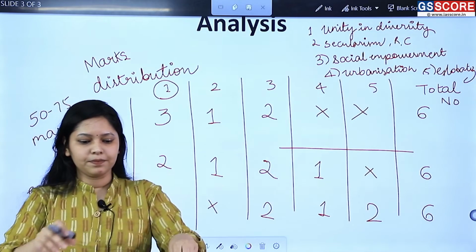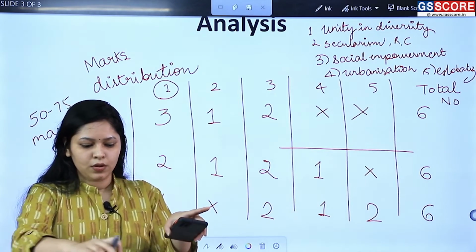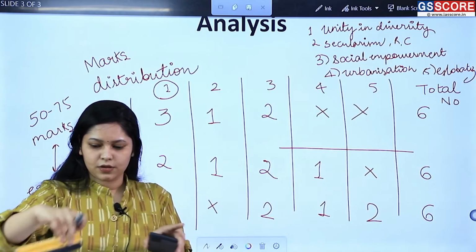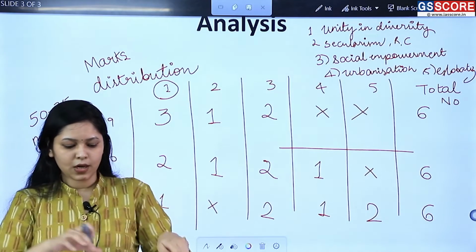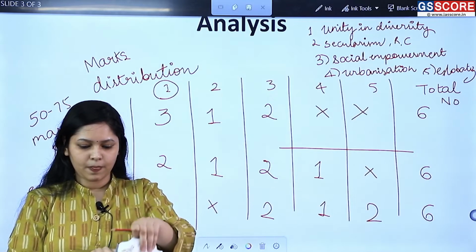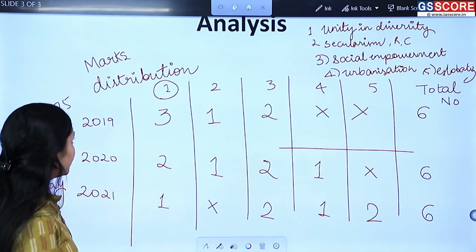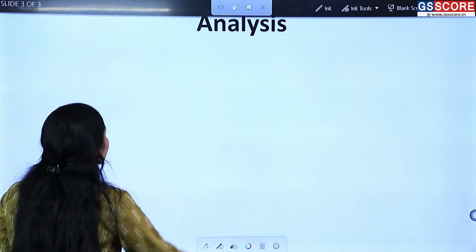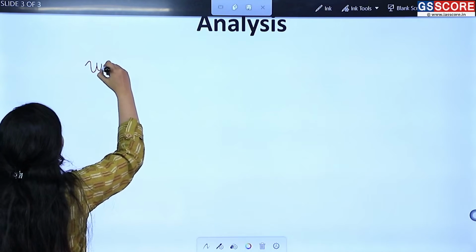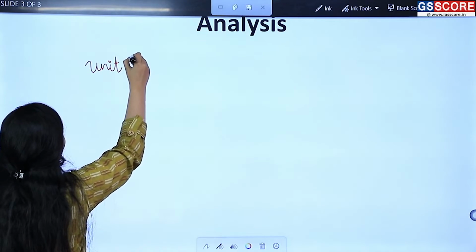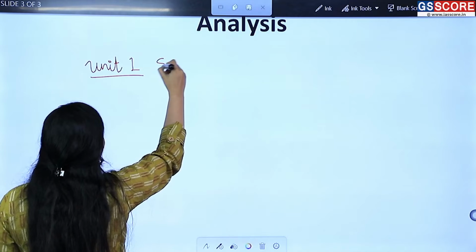Now I will try to look into the different units with a little more clarity. Okay. Unit 1, salient features.